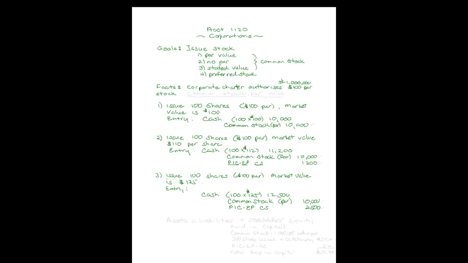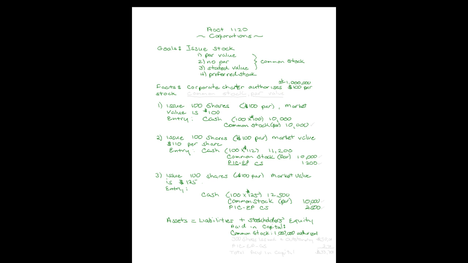Not so bad, huh? So how would this look then on a balance sheet? We'd have our assets equal liabilities plus stockholders' equity. We would have our paid-in capital section. We would have common stock, where it would say on the face of the balance sheet, 1 million shares are authorized.